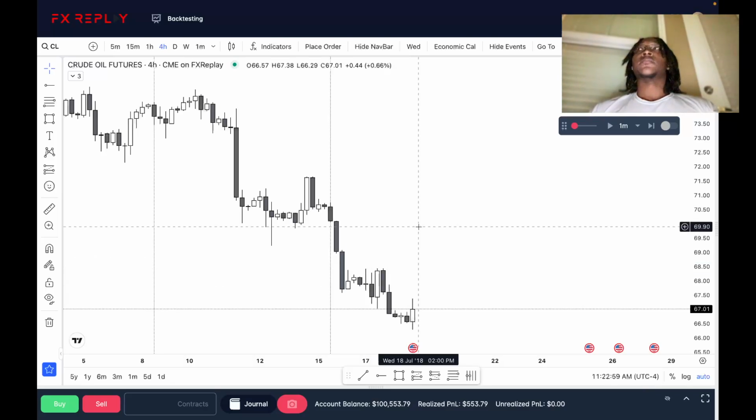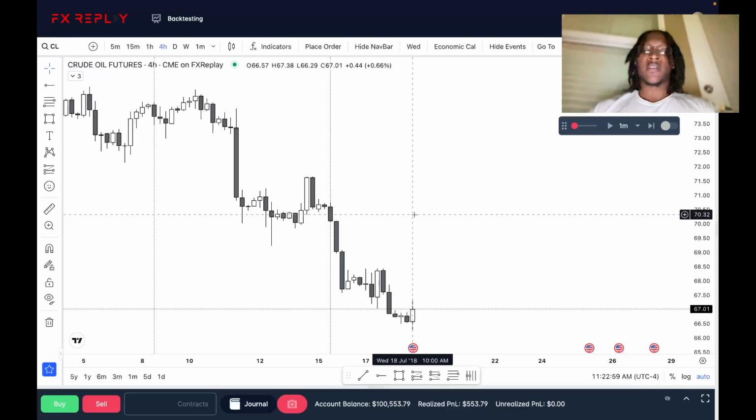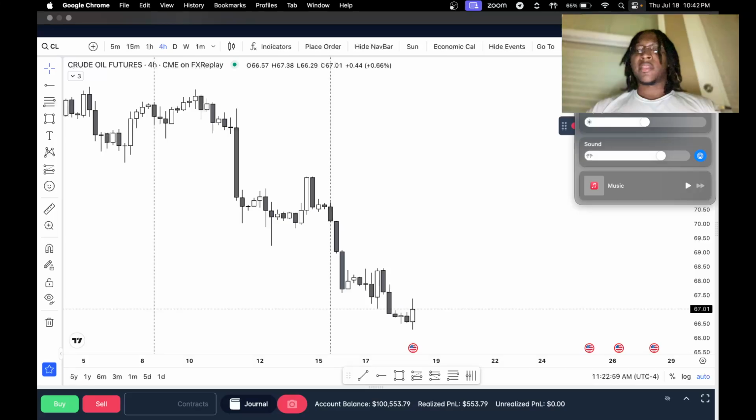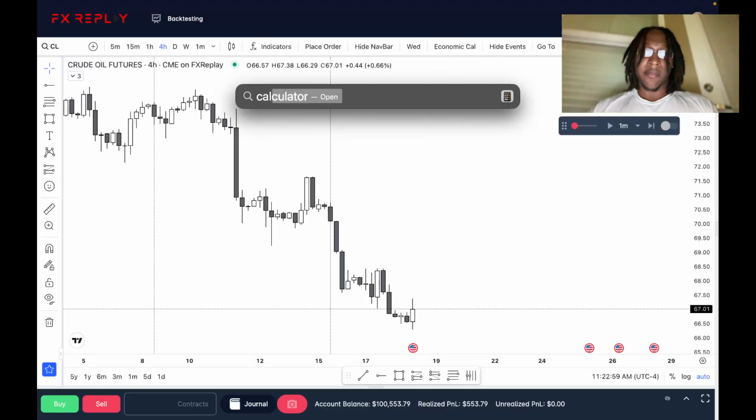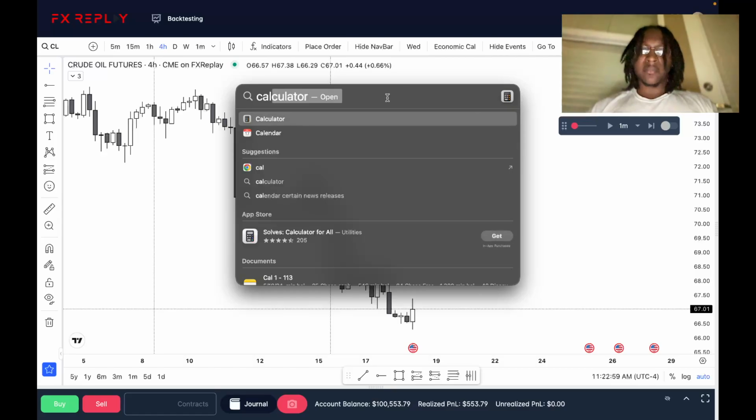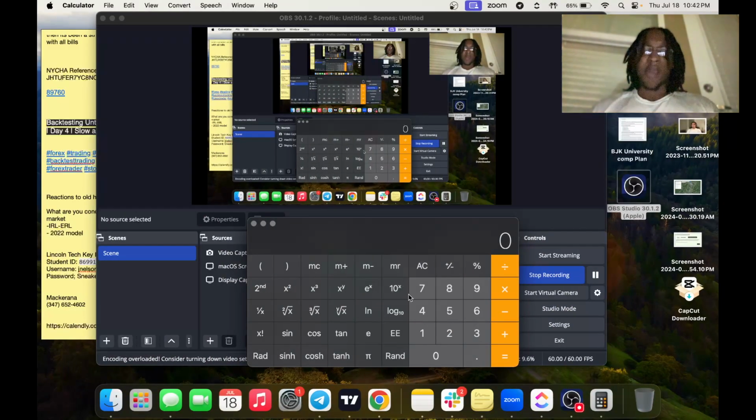Now, of that 30K, he could take max 5%, looking for a 1 to 2 risk to reward ratio. So if you're doing 5% on 30K, that comes out to 1.5K. And then 1 to 2, you're at 3K.